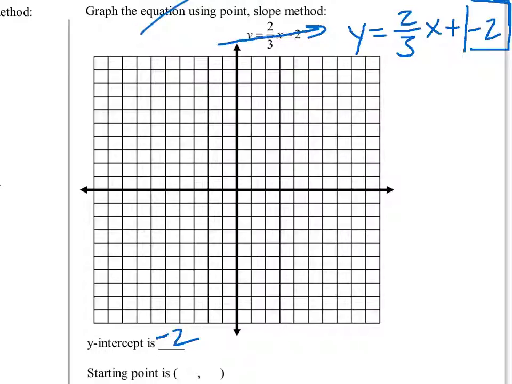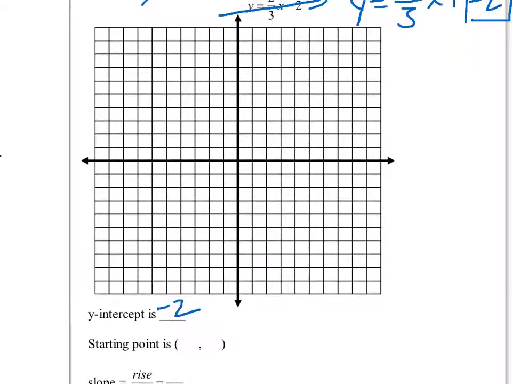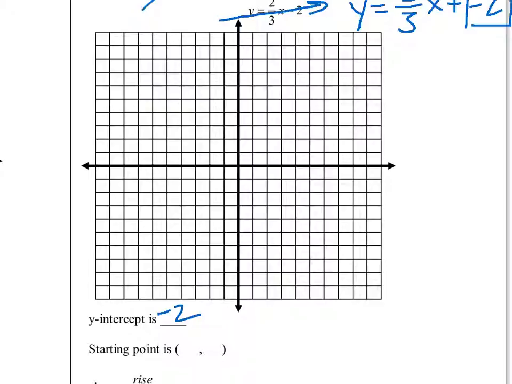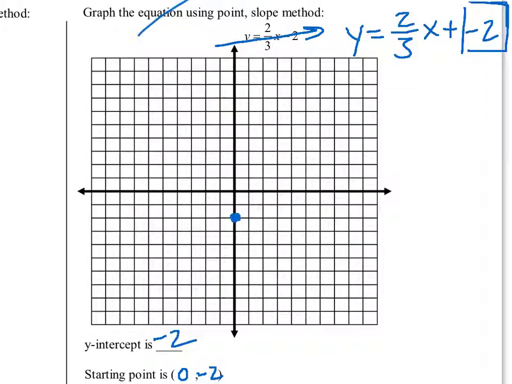So that means the starting point is going to be what coordinates? (0, -2). Hold on, we're not there yet. We're going to go ahead and graph that point. And what is the slope of this equation? 2/3. It's given right here as the coefficient of our x.